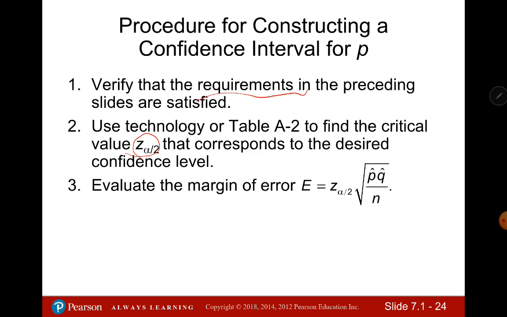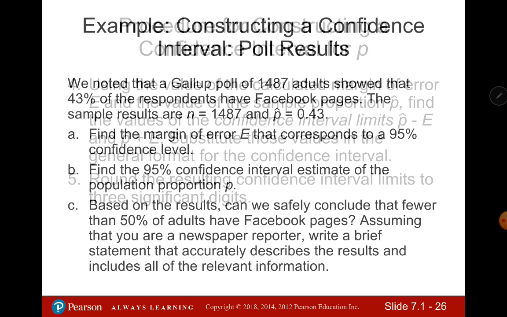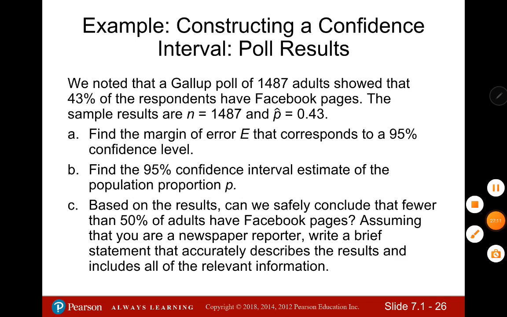Then step 3, use that critical value to find the margin of error. Step 4, we write our interval in this form: p hat minus E to p hat plus E, because p hat is the point estimate, so point estimate minus margin of error to point estimate plus margin of error. Last step, we just round our answer. Let's check this example.